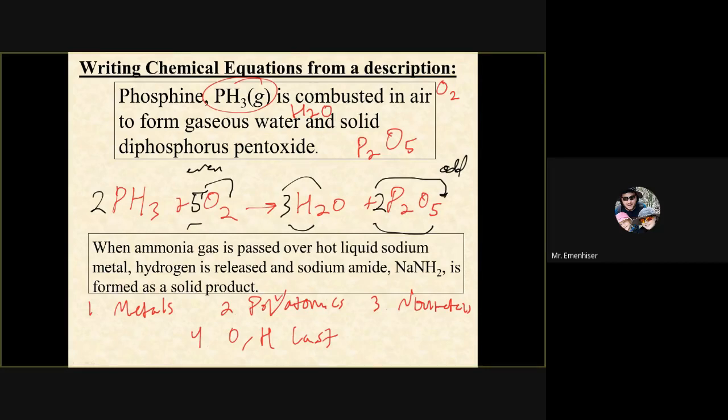So I think that's balanced. 2, 5, 3, 2. Oh, no, that's not right. We need 4 phosphoruses. And that'll give me 12 hydrogen. So then I'm going to need, what, a 6 there? All right, and then I got 5 O2.